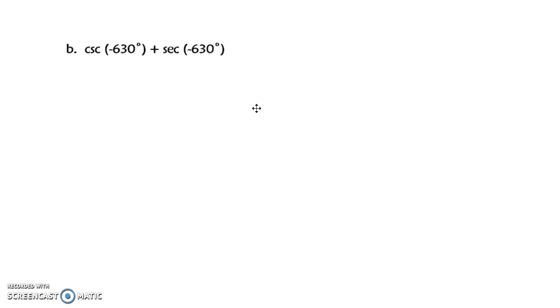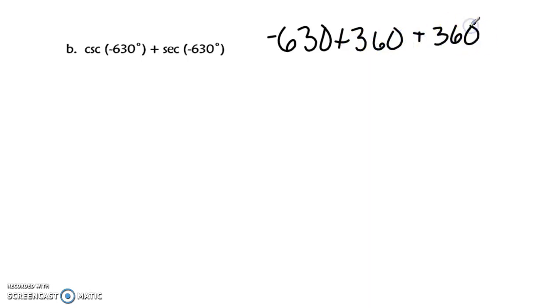Sometimes the hardest part of this is going to be to figure out which axis the terminal side lies on. And so I have got a negative 630 degree angle. I'm going to take negative 630 plus 360 plus another 360, because that'll give me a positive angle, right?